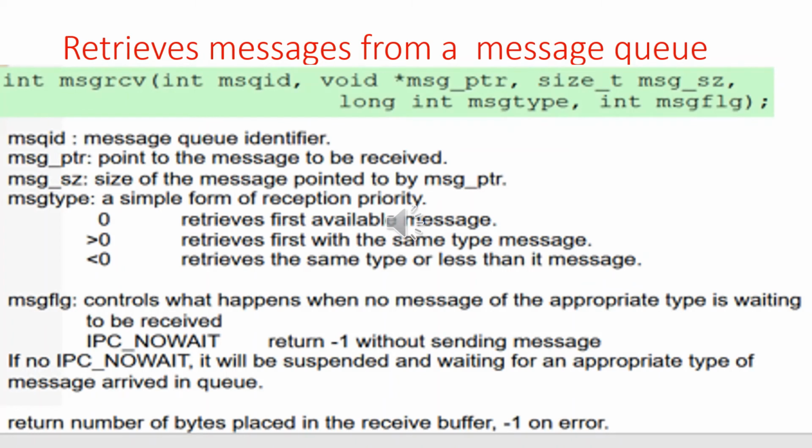Messages are retrieved from the queue by msgrcv. Here msgsz is the specific size of the message.